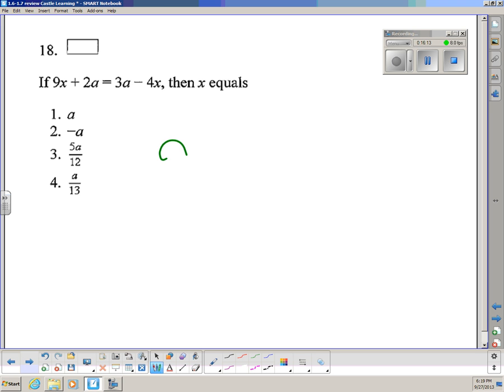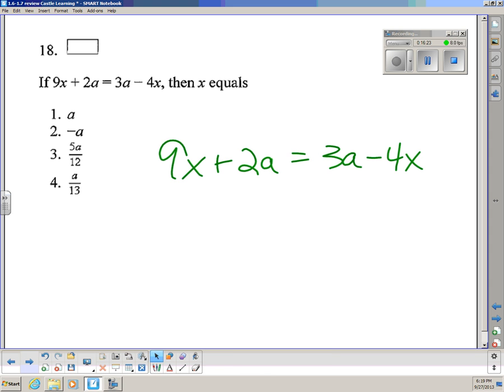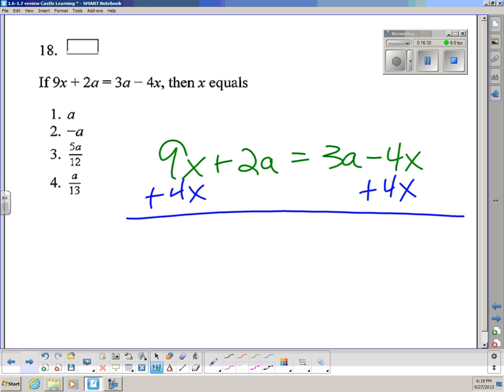Number 18, it says if 9x plus 2a equals 3a minus 4x, then x is equal to. Well, my x's are in two places. That's not good. So I'm going to try to get them into one place by adding 4x to both sides. And then I'll have 13x plus 2a equals 3a.